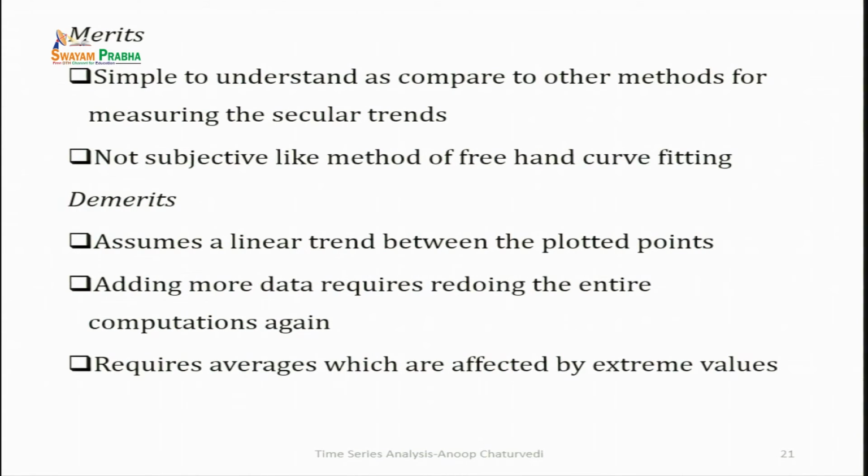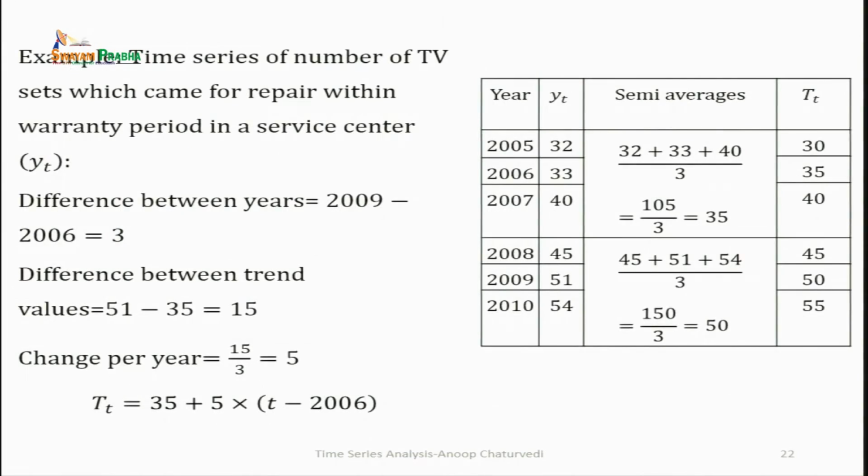Now, here is an example, it's very simple example. We have time series of number of TV sets which came for repair within warranty period in a service center. The data is for 6 years from 2005 to 2010. So, initially what we do? We divide the data into two equal parts.